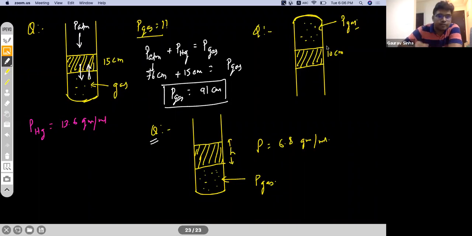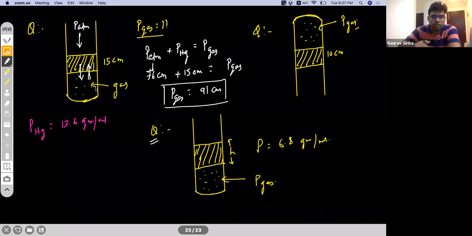No, no, no. See, Shraddha, it depends. You cannot add here P Hg and the pressure of the gas because of the direction. If this liquid and the gas both exert pressure in the upward direction, then you can add the two. But here the liquid column is exerting pressure in the downward direction, and the gas exerts pressure in the upward direction.